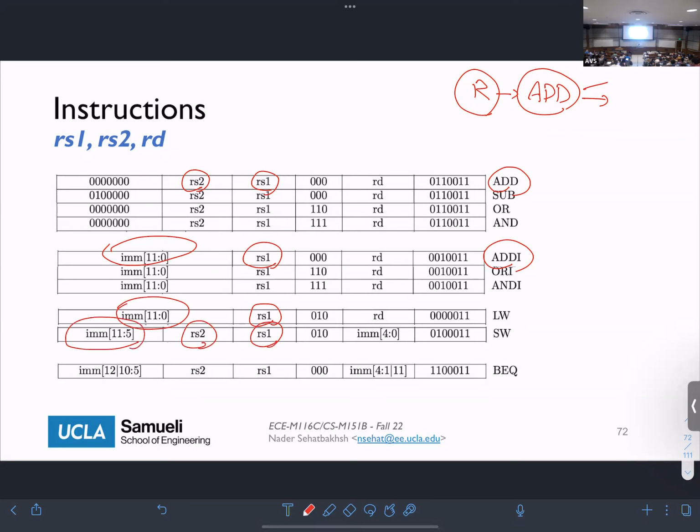And the immediate is also this funky type, where some of it is on this side and some of it is on this side, so I need to wire them together somehow.